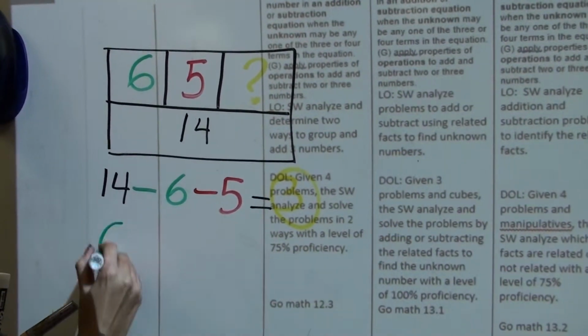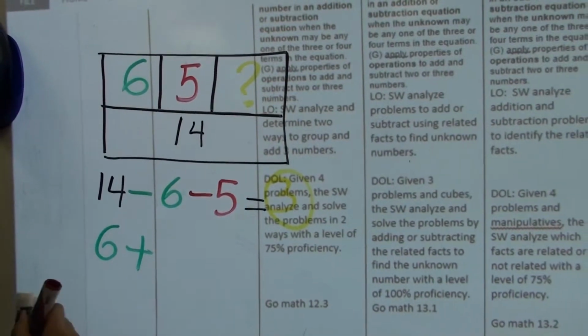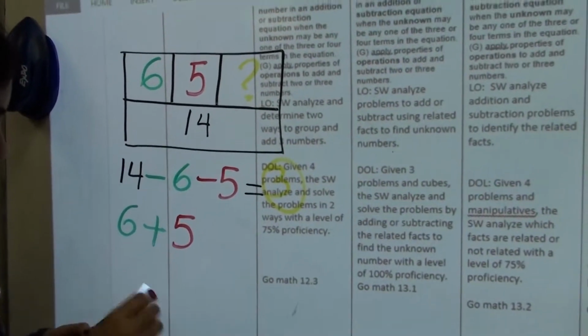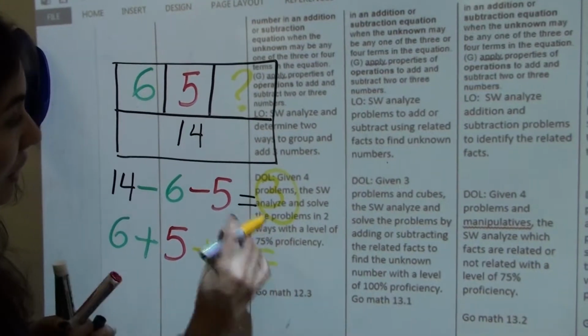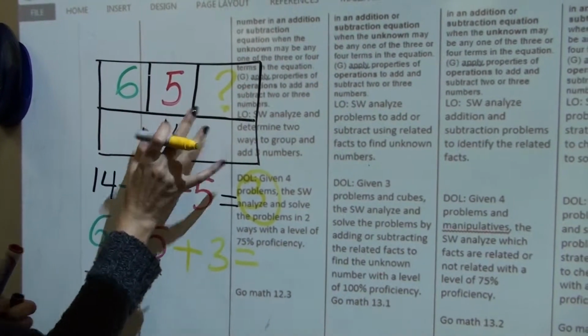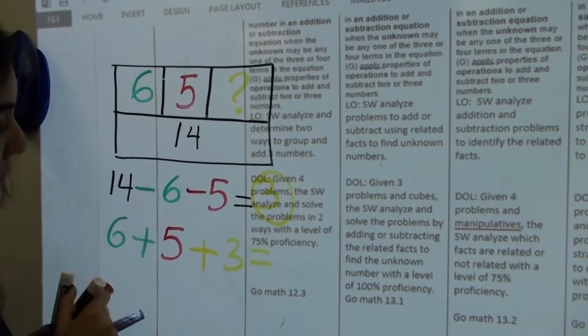They can do 6 plus 5 because it's easier for them to add. That's what I usually do. Plus 3 equals, so they can see that all of these parts add up to the whole. Equals 14.